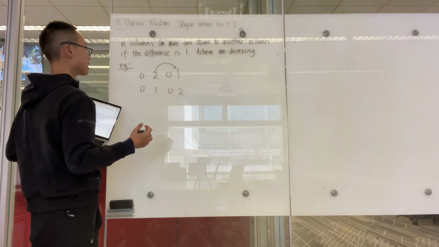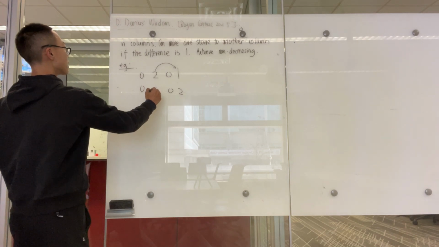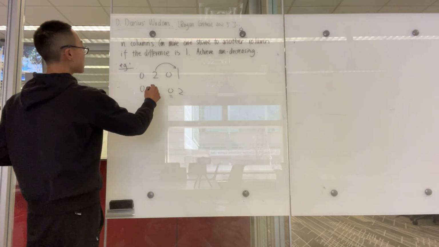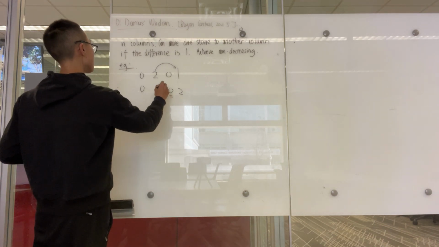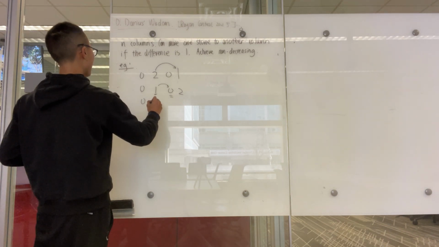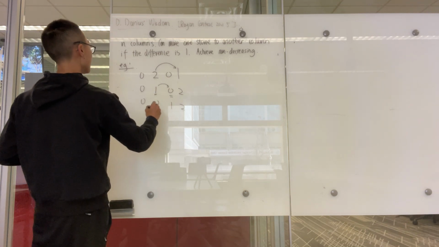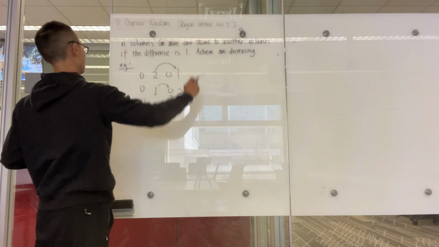And now what's the next step we can make? We can shift this column to its adjacent neighbor, since the difference between the stones is 1. So shift the stone here, we get 0, 0, 1, 2. So in 2 moves, we achieved the non-decreasing order.